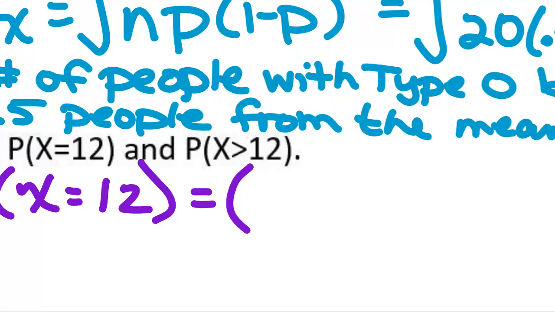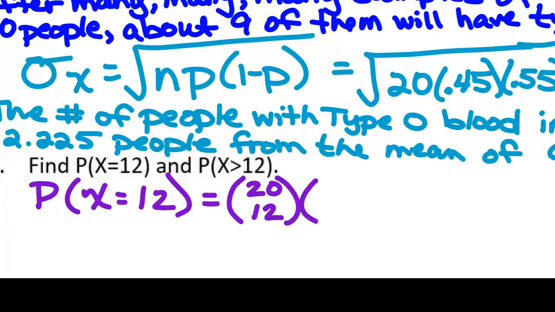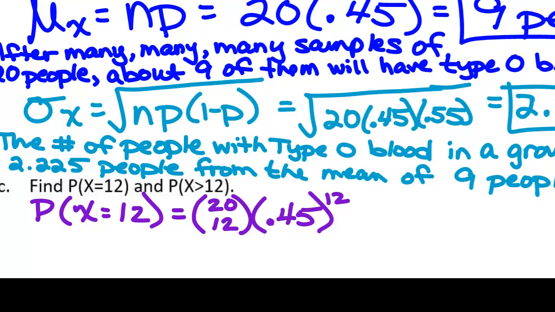So what is my n? What is my x? 20. X is 12. Yes. And then we would have what? 0.45 to the power of 12 times 0.55 to the power of 8. Yep.